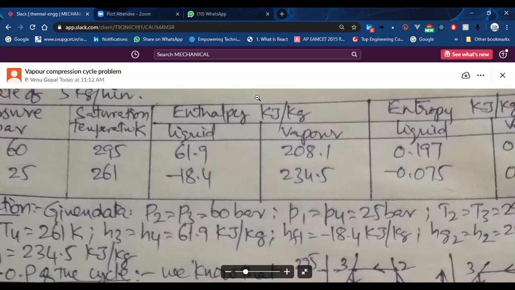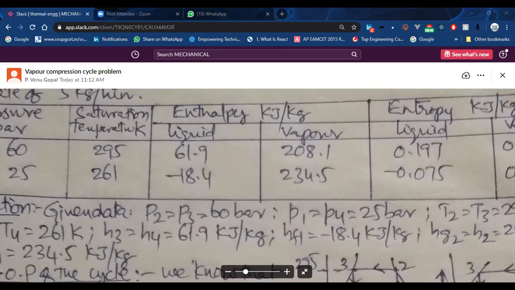Vapor means it will be on the dry saturated line. So that's what we have to understand. That's important.